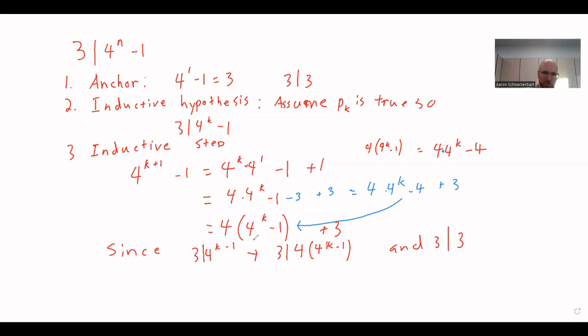So since it divides both these pieces, piece 1 here, 3 divides that piece, and 3 divides this piece, piece 2, 3 has to divide the whole thing, which that whole thing started as 4^(k+1) minus 1.